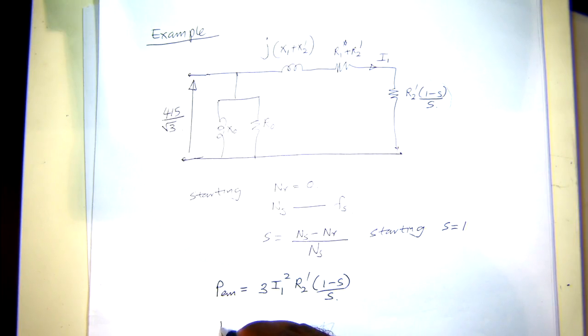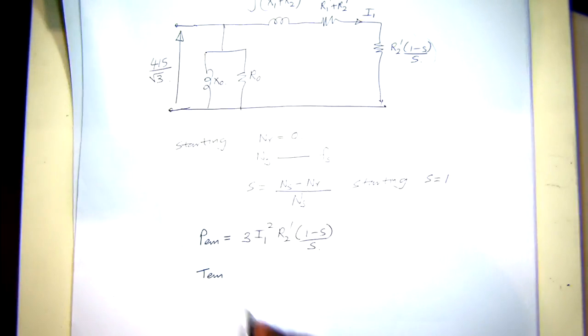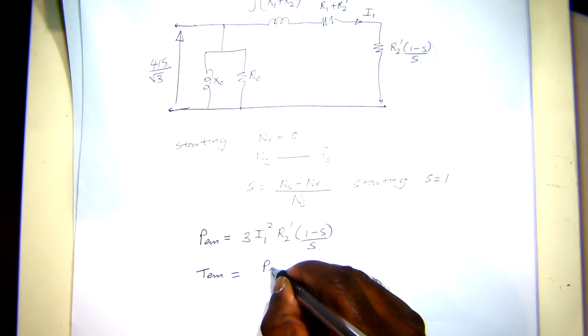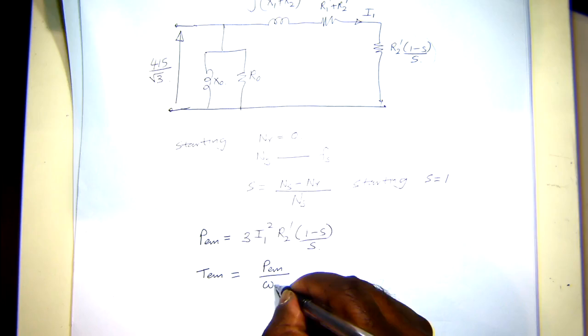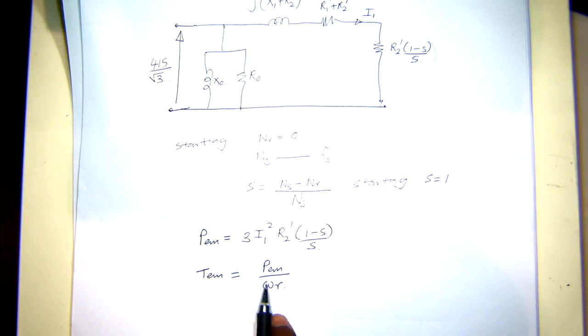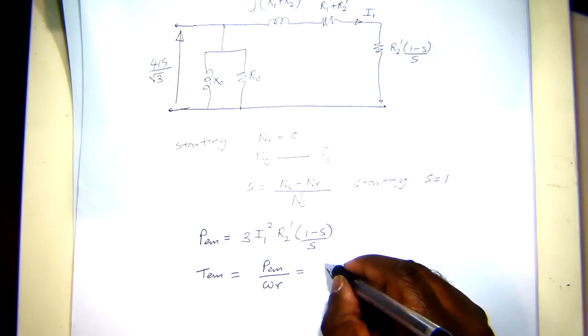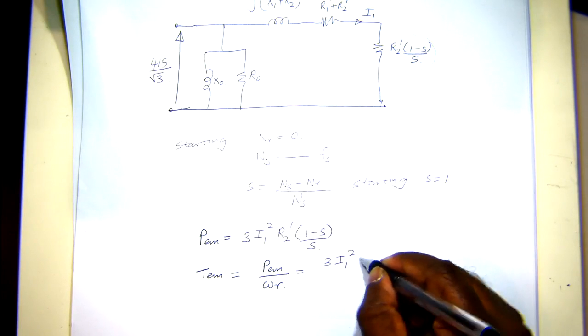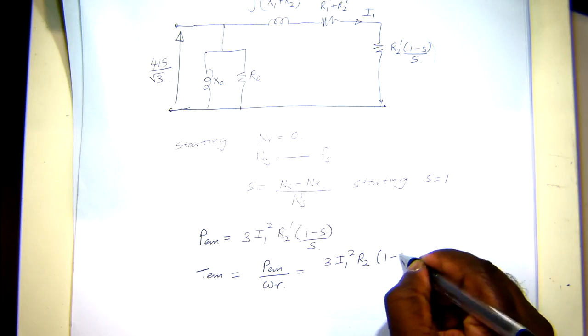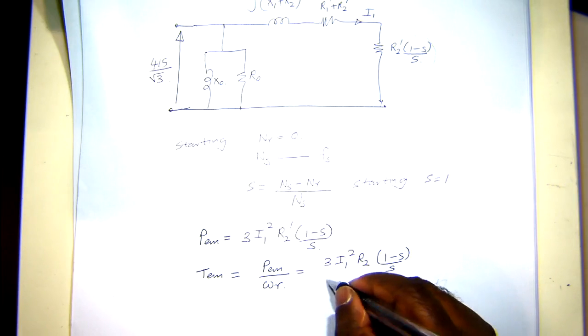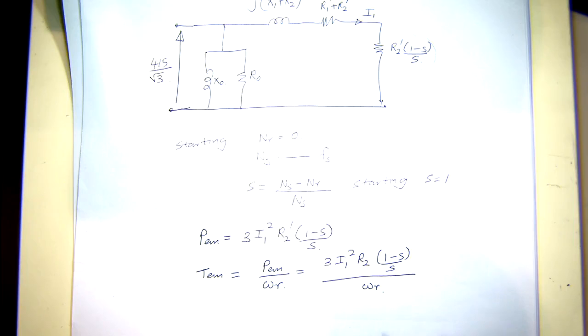So we can write the torque produced at 0 speed is equal to the power that's being transferred divided by the rotor speed. This is the rotor speed in radians per second. And then if you substitute this, we have 3 times I1 squared R2 (1 minus S) over S divided by the rotor speed.